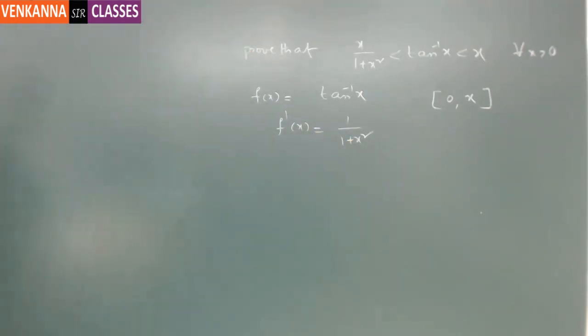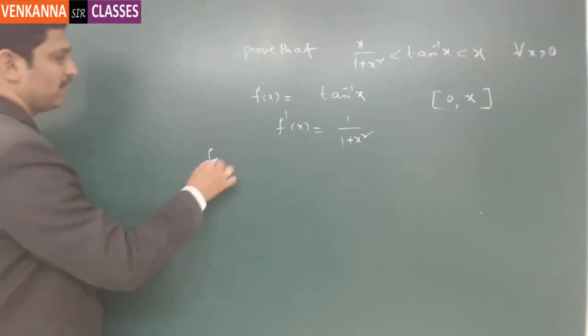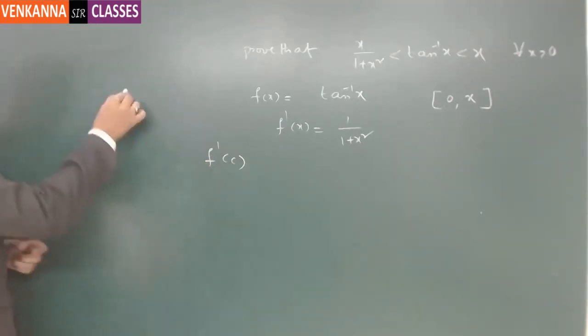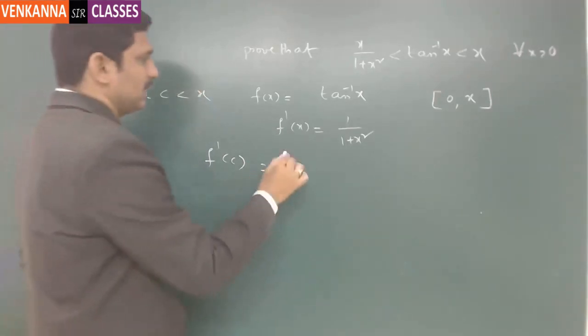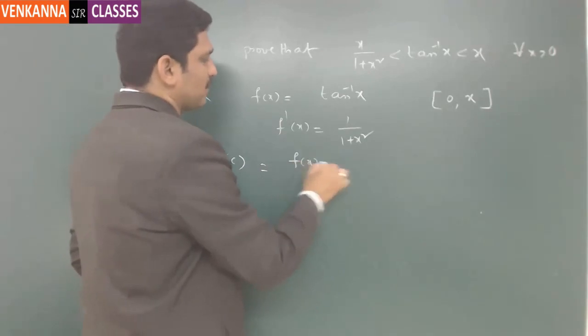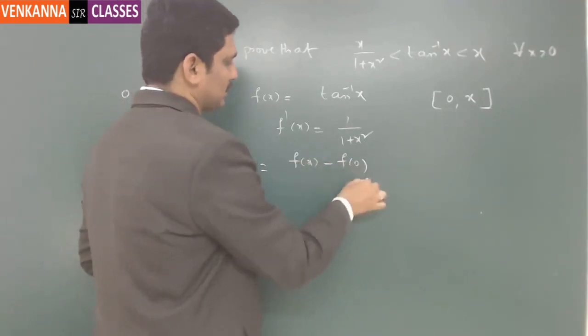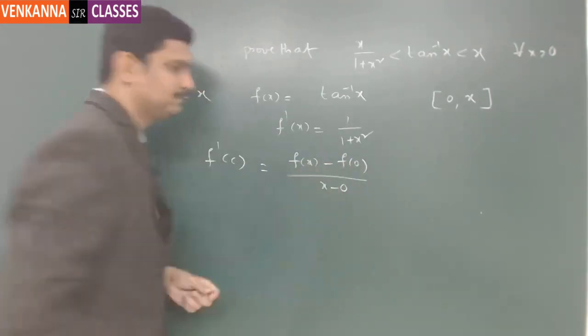f satisfies Lagrange's mean value theorem on the closed interval 0, x. So you are going to obtain the formula. So f dash of c, where c is lying between 0 and x, equals f of x minus f of 0 by x minus 0.